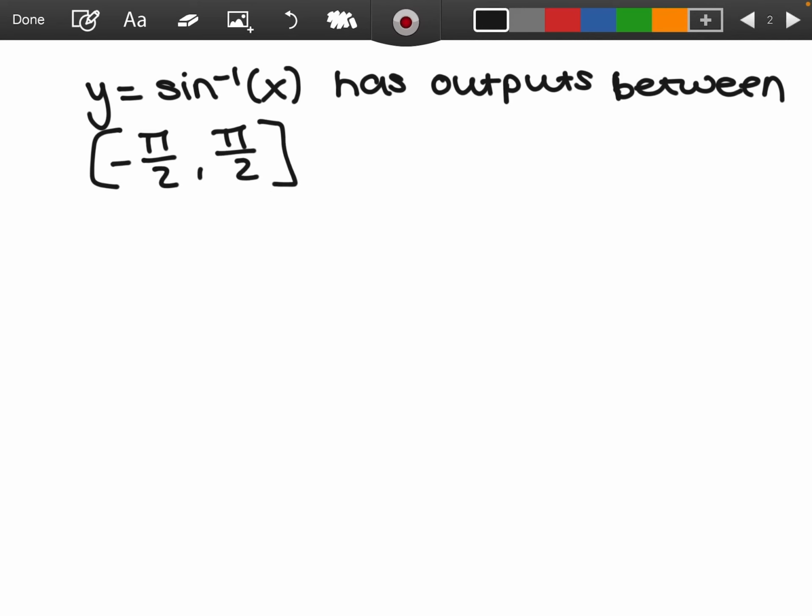Okay, so that's the possible range of values for y for an input of x, where x is going to be between -1 and 1.